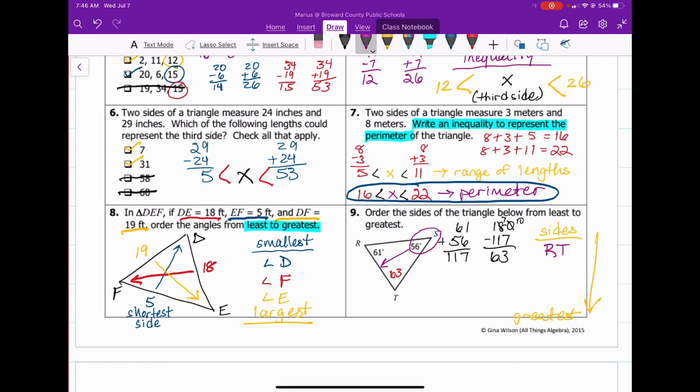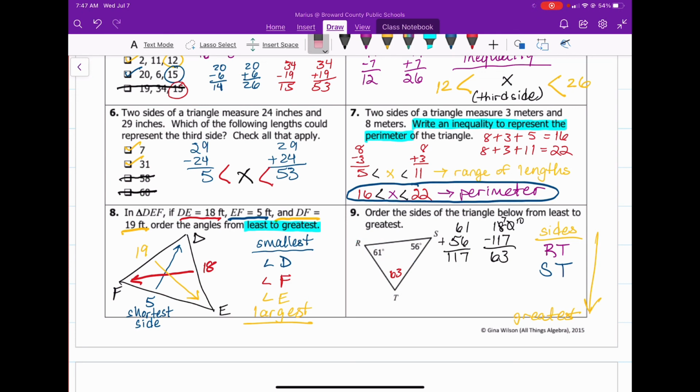All right. Well, what's the next shortest side? What's the next number after 56? 61. So 61 is right here. So that means that the next shortest side is ST, right? 61 is angle R. So side ST is the next shortest side.